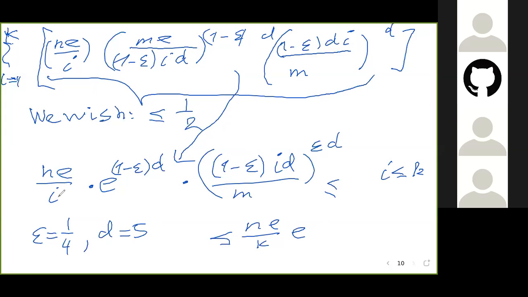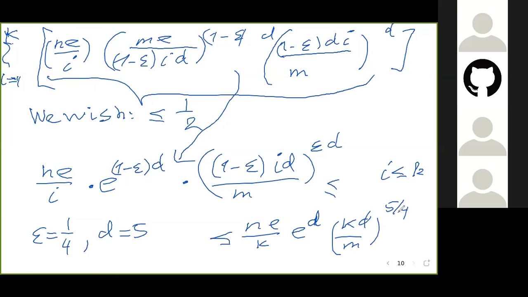So the maximal possible value of I is k. So let's replace this just by d for simplicity. Let's replace here also by d. So we obtain kd over m to the power of 5/4.